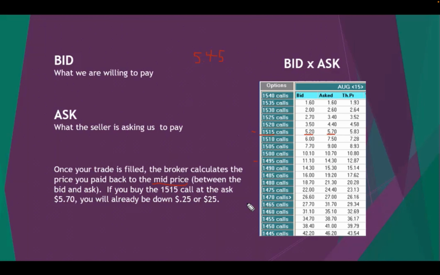Your profit and loss statement shows a negative. That's because your broker calculates the midpoint, and the midpoint here is 545. So if you paid 570 in this example, if you paid $5.70, you're already down 25 cents or $25. You've already lost $25 because the calculation is done at the mid.